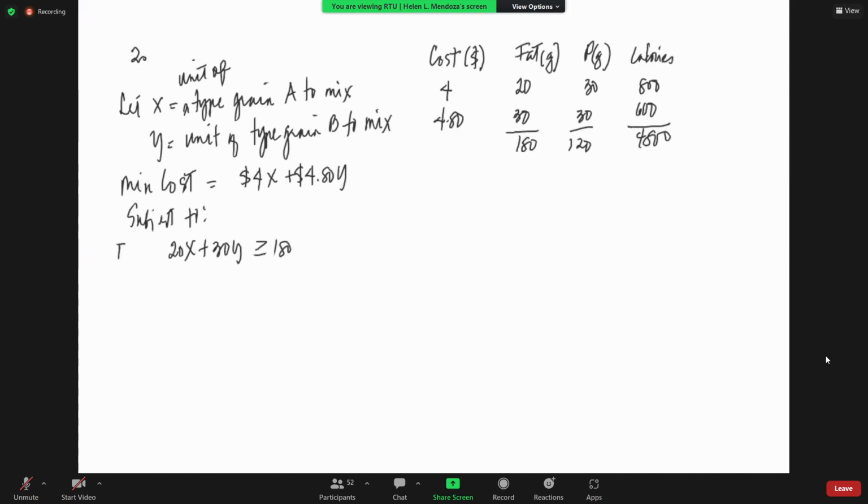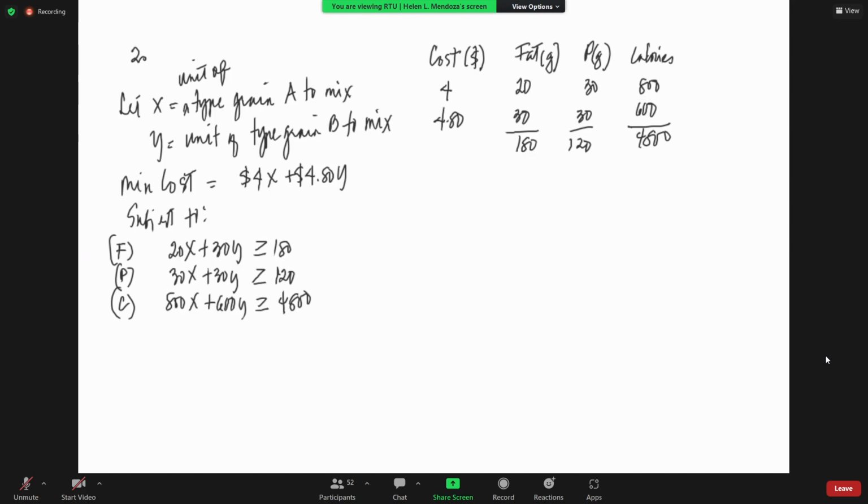So this is fat. For the protein, we have 30X plus 30Y. Again, this is greater than or equal to 120. For calories, we have 800X plus 600Y. And this is greater than or equivalent to 4,800.